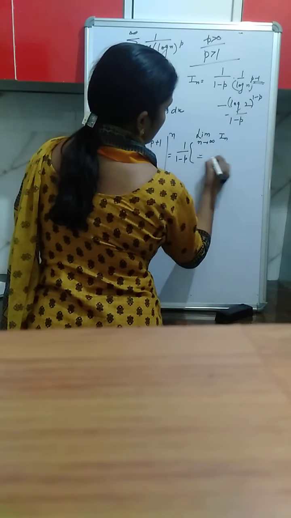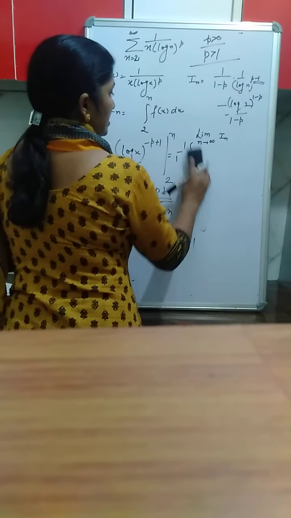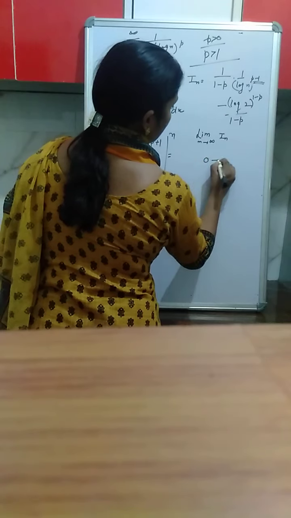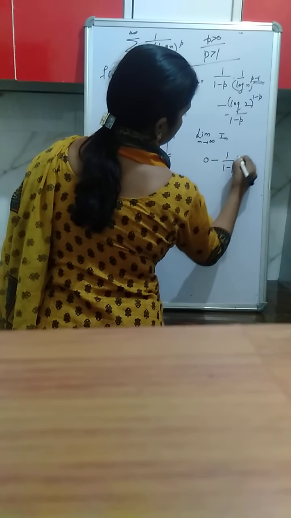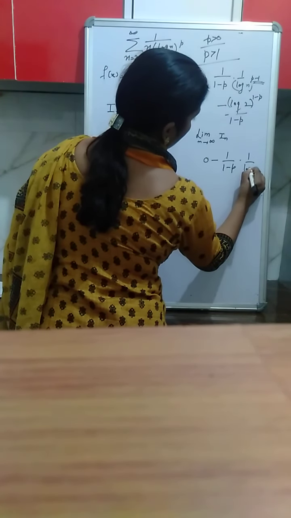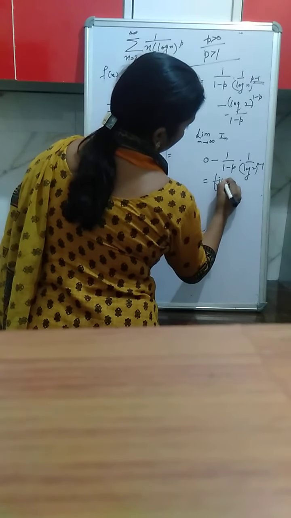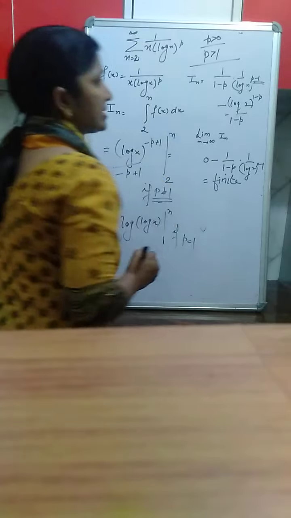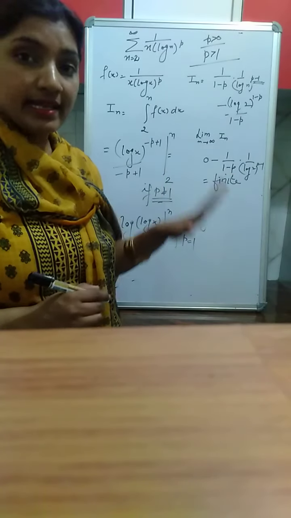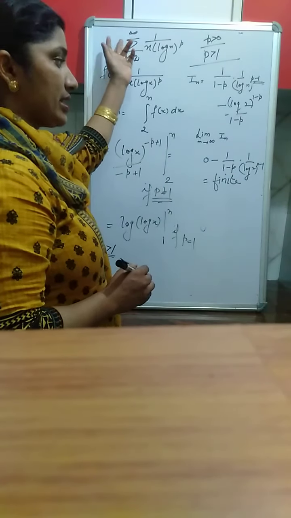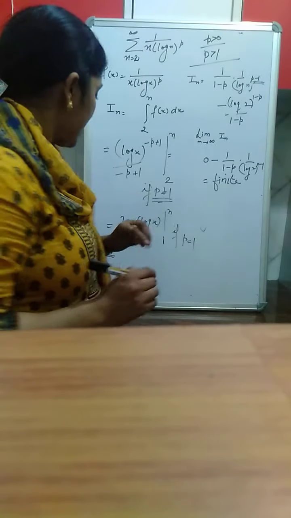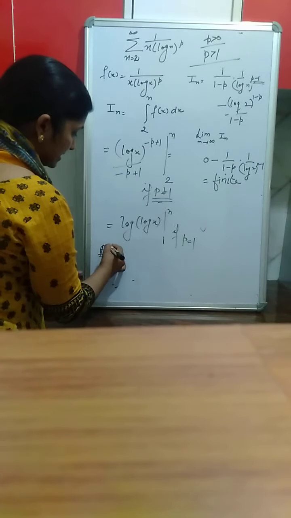So the limit as n approaches infinity of I_n is 0 minus 1 upon (1 minus p) into 1 upon (log 2)^(p-1). So it is a finite quantity and therefore I_n is convergent, and as I_n is convergent, the summation is also convergent.